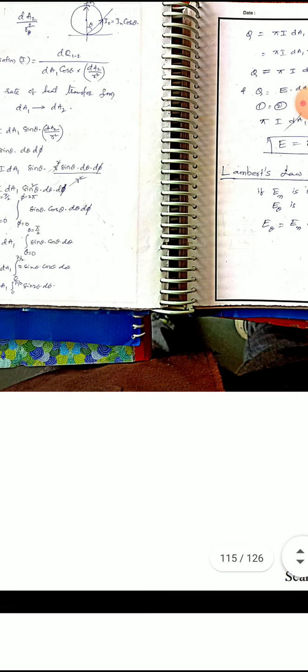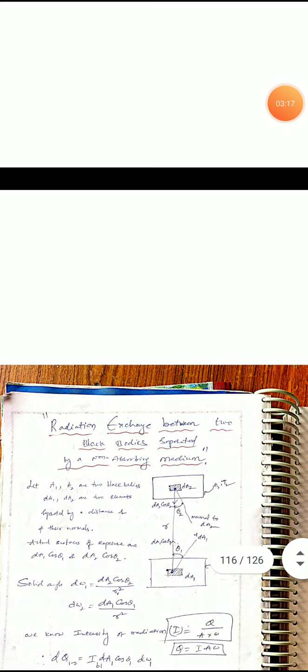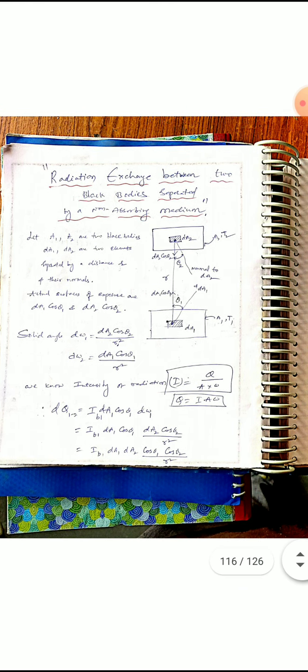The last and important basic thing is radiation exchange between two black bodies separated by a non-absorbing medium. Now we have two black bodies, whose emissivities and absorptivities are 1. They are separated by some distance, and there is no other medium absorbing or disturbing the radiation exchange between the two.